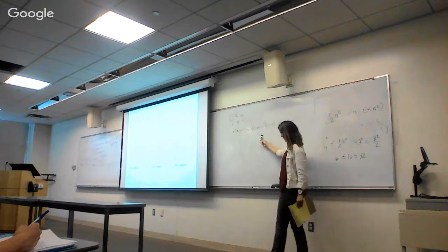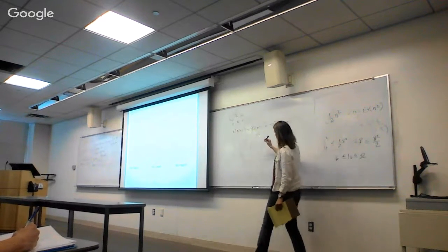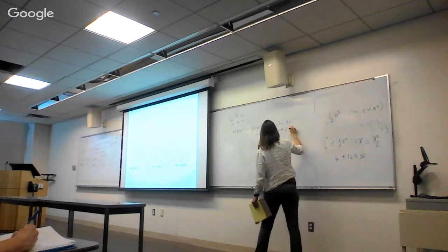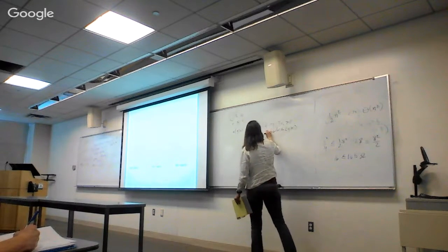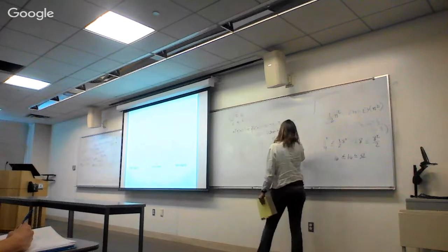this is exactly going to be the same as the statement for big O, but we have a strict inequality and it holds for all C. So f(n) is strictly less than C g(n) for all n greater than or equal to n0.